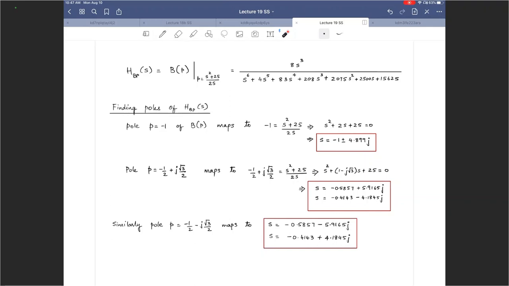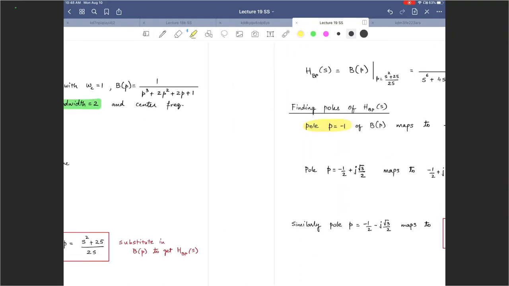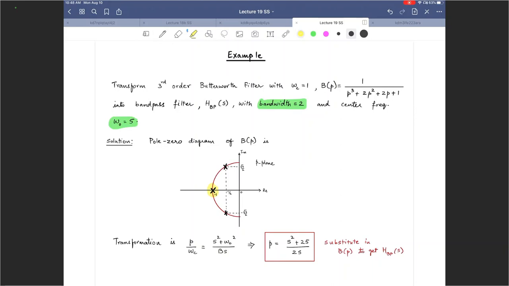However, because we have the transformation formula, you can use that to find the 2 poles for each pole in the P plane. So when the pole was P equals -1, where is this guy? Pole P equals -1 is right there, right? And the other 2 are, so this guy is say blue and this guy is say pink.